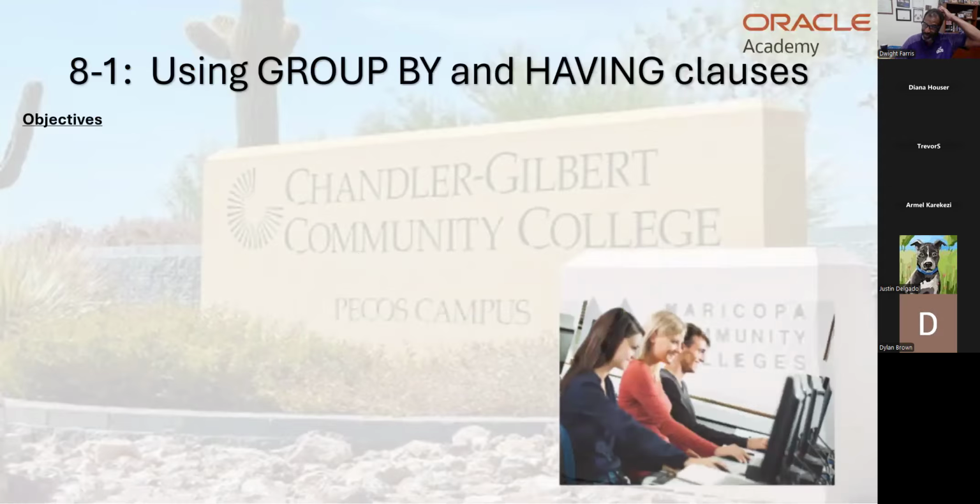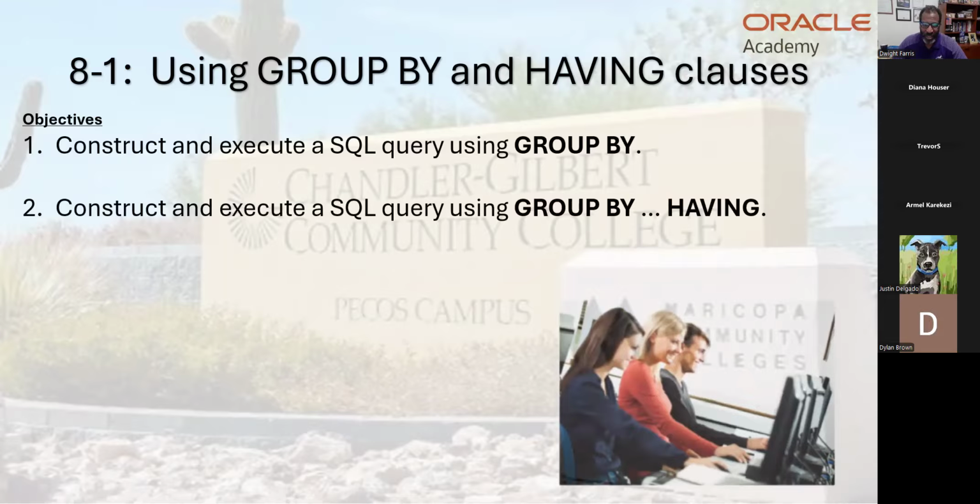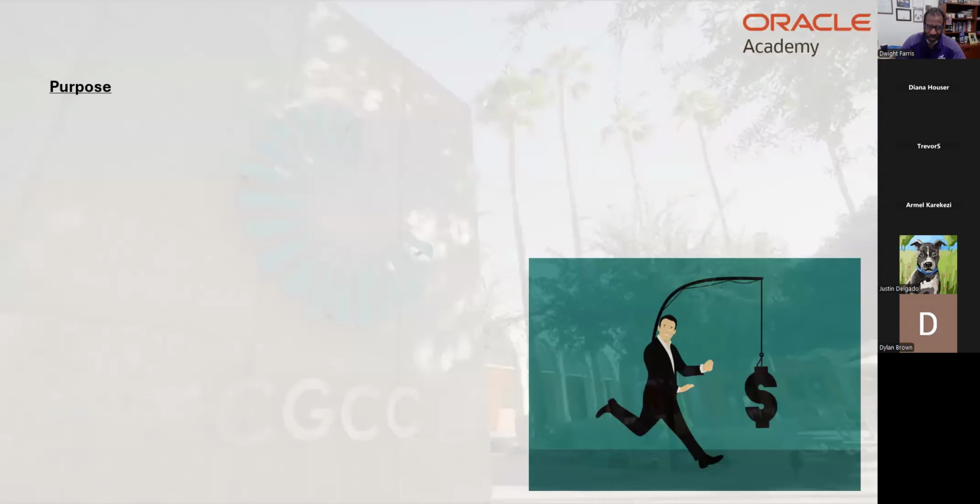So here we go. For objectives, construct and execute a SQL query using group by and having, and you'll see why that's important. And construct and execute a group by on more than one column.